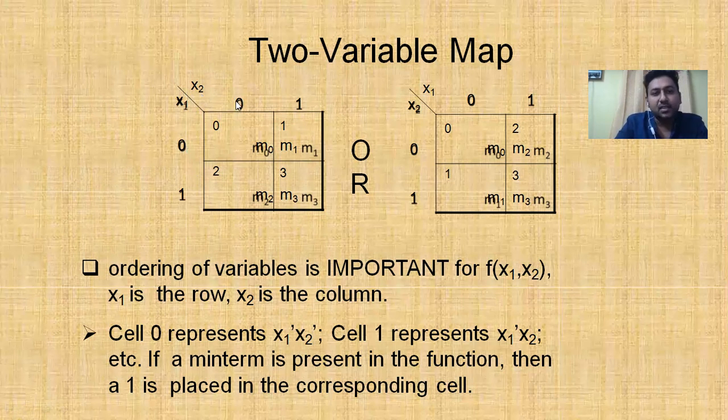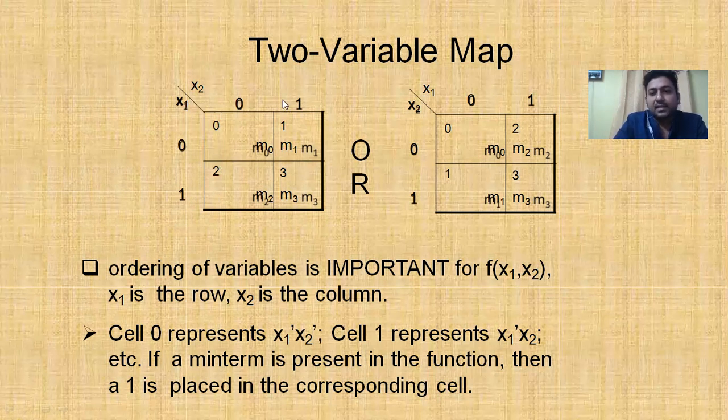For x2 it is 0 or 1. So for this cell, the decimal value is 0. x1 x2, that is 0 0, means this cell is 0. 0 1 means 1, 1 0 means 2, and 1 1 is 3.